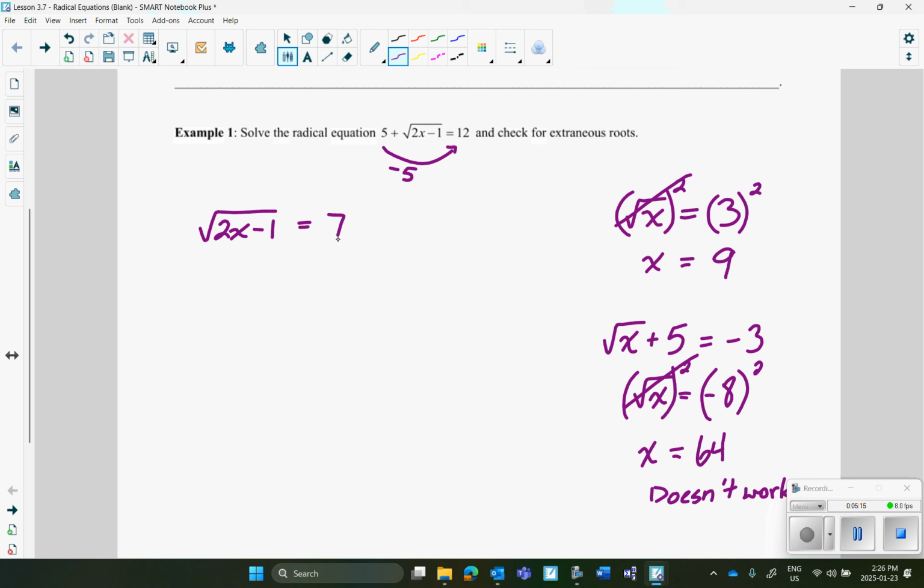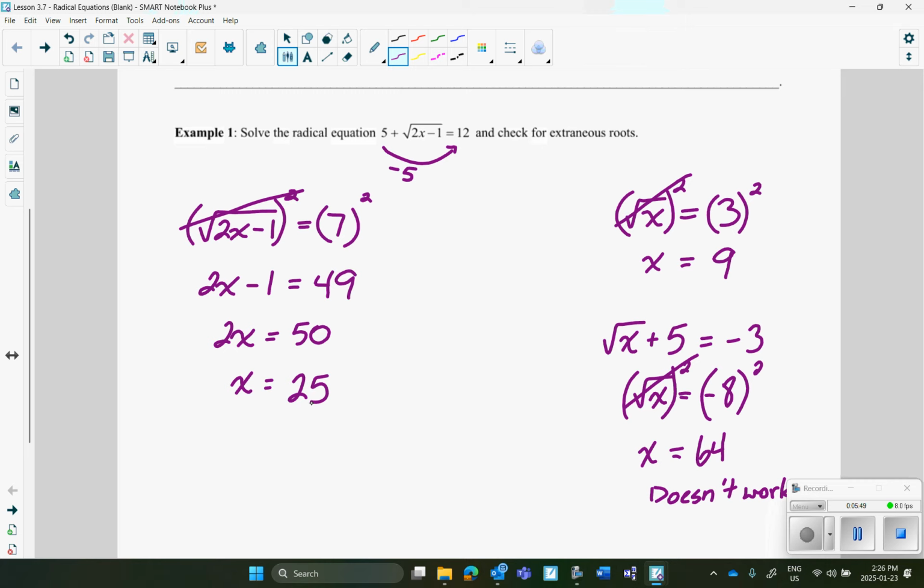Now what? Square both sides. Square and square root cancel out. And what am I left with on this side? And on the right? And now it's just a regular two-step equation. Add 1 to both sides. 2x equals 50. Divide both sides by 2, and x equals 25.